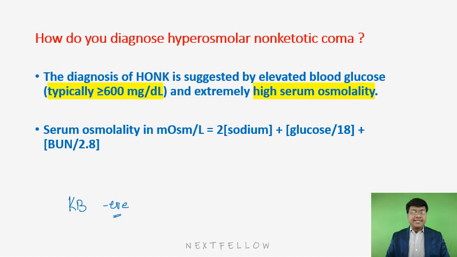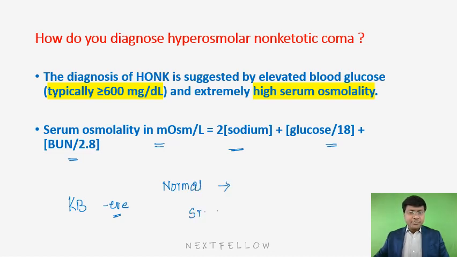How do you calculate the serum osmolality? The serum osmolality in milliosmoles is calculated by this formula: 2 times sodium, plus glucose divided by 18, plus blood urea nitrogen divided by 2.8. What is the normal serum osmolality?